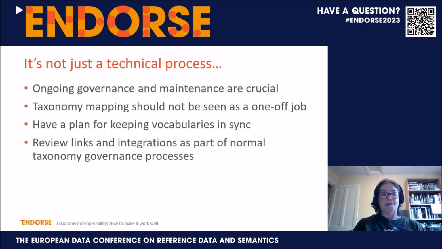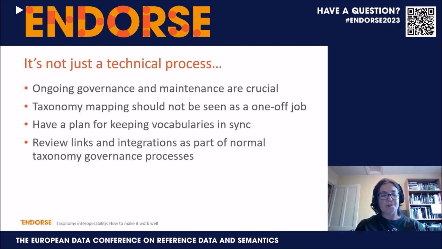So as I said at the beginning, the business considerations are super important. It's not just a one-off job. I bash people over the head about this all the time, not literally. Just like with any taxonomy, the ongoing governance and maintenance needs to be in place. It's not just, I will think about this later. So always have a plan if you're embarking on this kind of project.